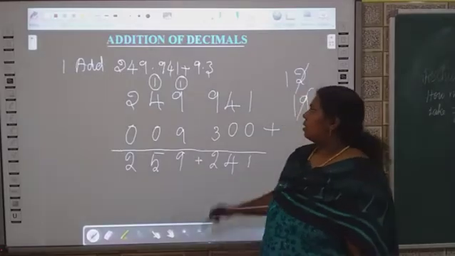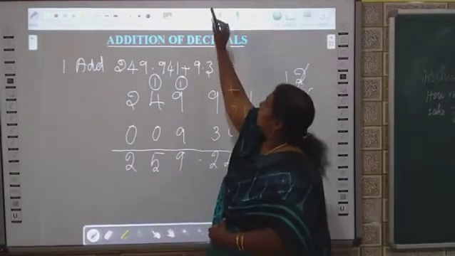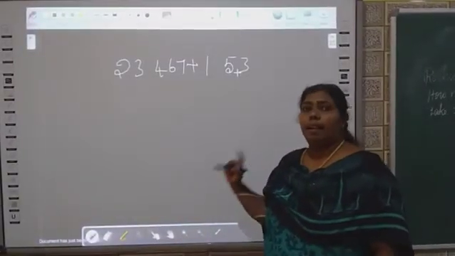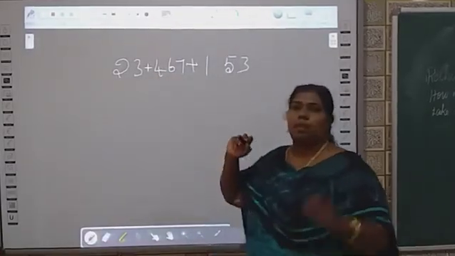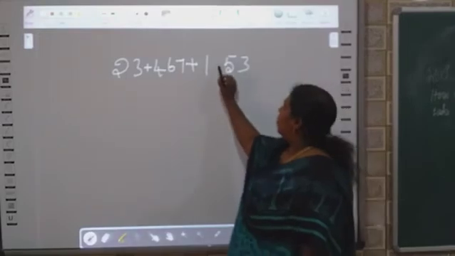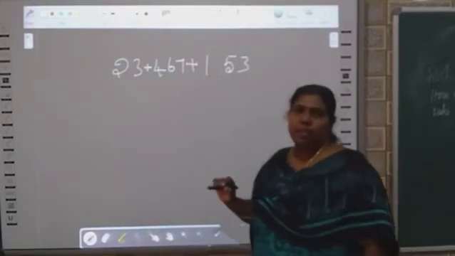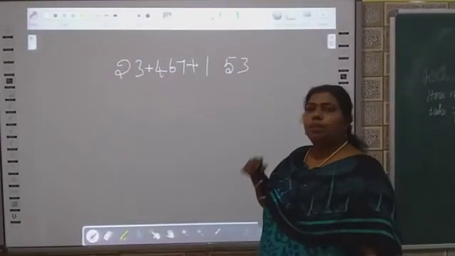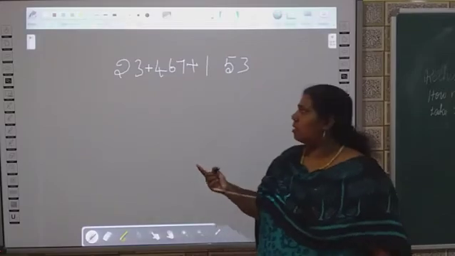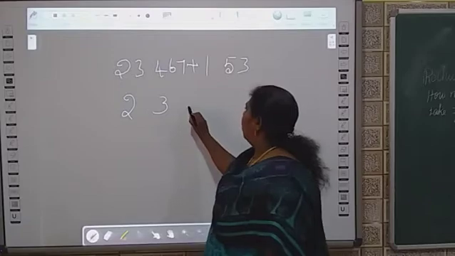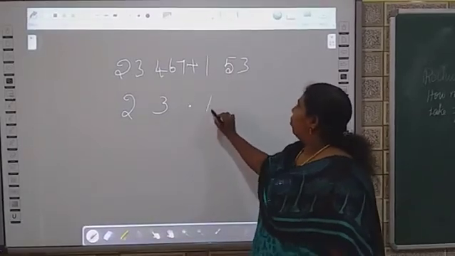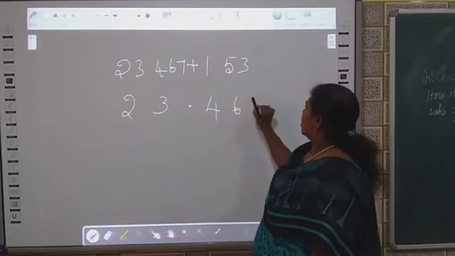Understand? See one more example. Check whether these two decimals are like or unlike. Here after the decimal 467, three decimal places. But here after the decimal two decimal places are there. So what do we have to do? We have to convert them into like decimals. Okay. The first number is 23.467.